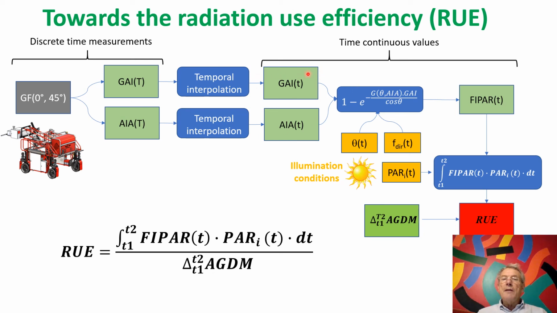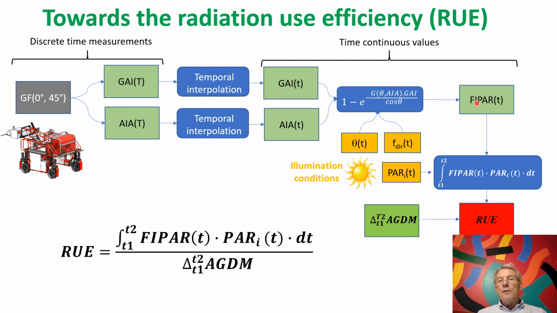And then we combine them together in this equation to get a fraction of intercepted radiation, continuously during time. That means every hour in the day and every day in the period. For that we need, of course, estimates of the direct fraction and the position of the sun. That depends on the latitude, the day in the year, and the time in the day.